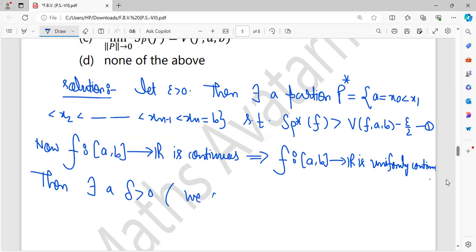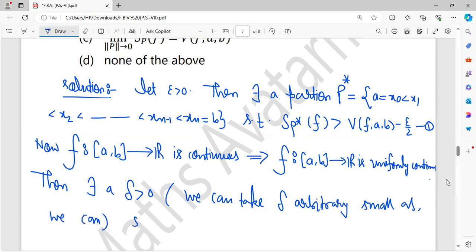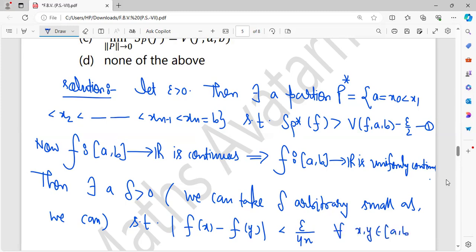We can take delta arbitrarily small as we can, such that |f(x) minus f(y)| is less than epsilon by 4n for all x, y belonging to closed interval [a,b] with |x minus y| less than delta.